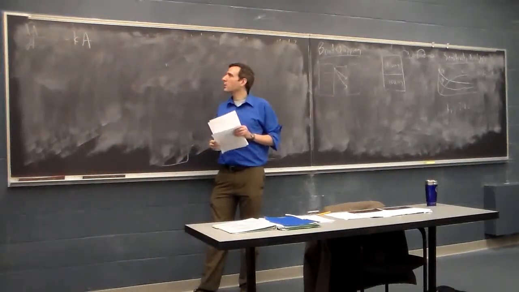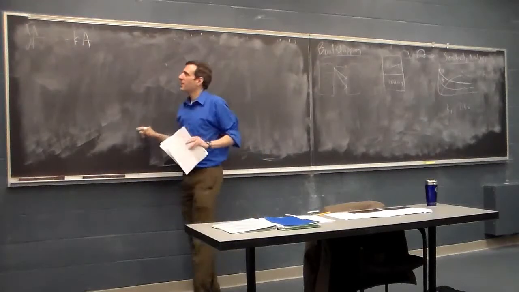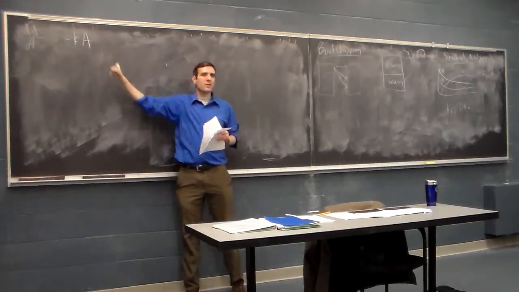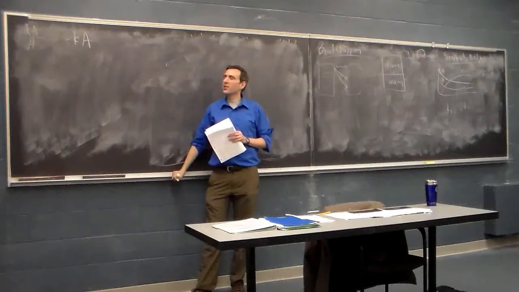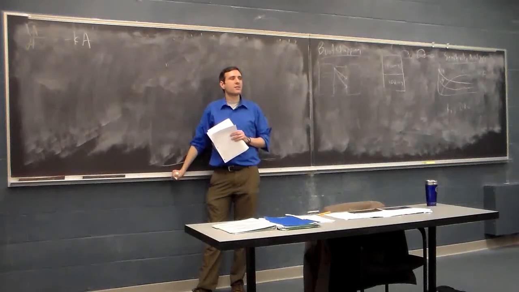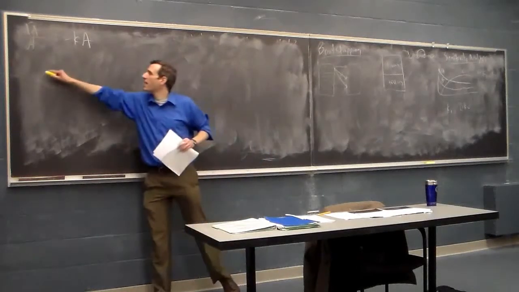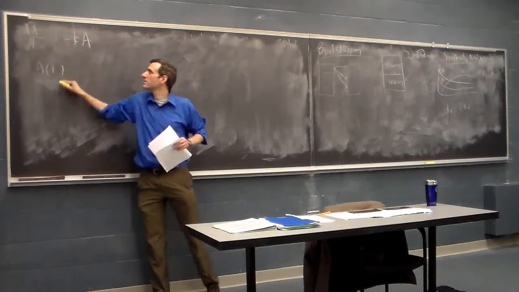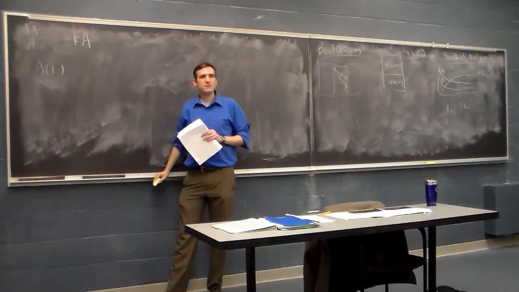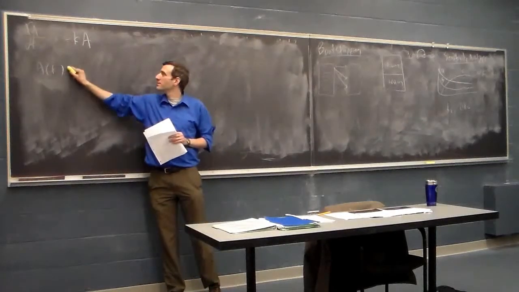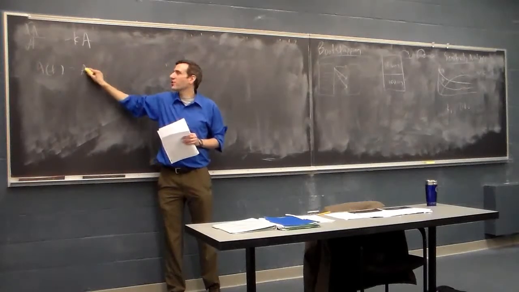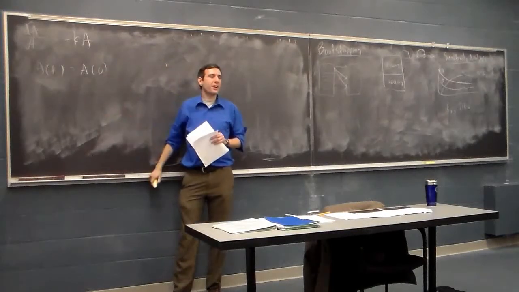So this is a model we could analyze analytically. Does anyone know what the analytical solution to that model is? What is A of t? It's going to have some initial condition, A of 0, that we would have to fit.